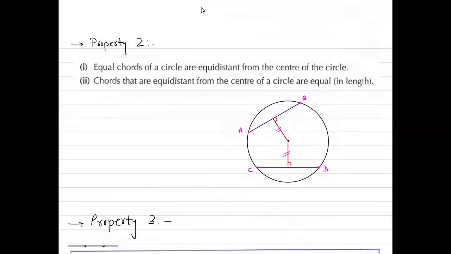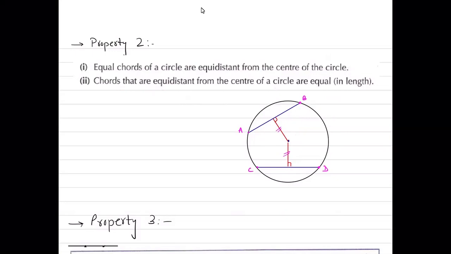You can also say that chords that are equally apart from the center must be equal in length. So either you can say equal chords are equidistant from the center of the circle, or you can say that chords that are equidistant from the center of a circle must be equal in length.